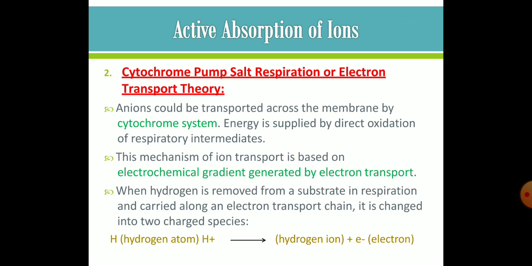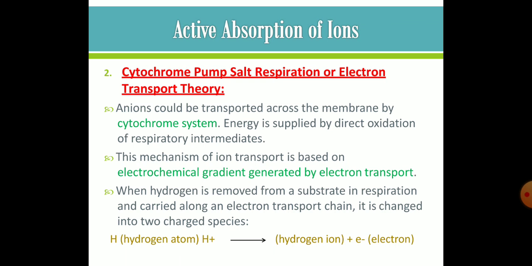In the cytochrome pump theory, anions could be transported across the membrane by the cytochrome system. The energy is supplied directly by oxidation of the respiration intermediate. The mechanism of ion transport is based on the electrochemical gradient generated by the electron transport.